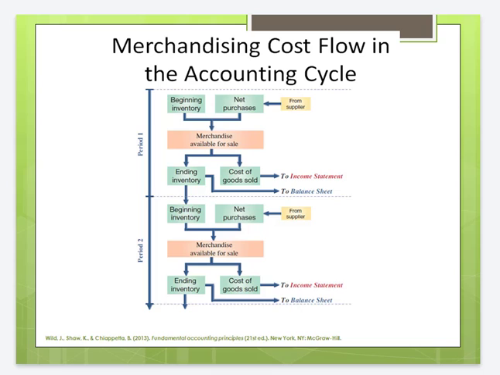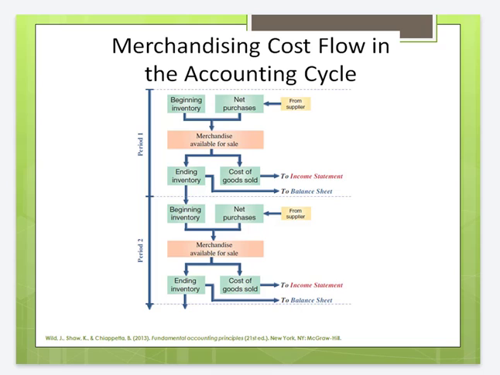Now, let's take a closer look at how this actually impacts the financial statements. What we see here is basically just an expanded version of what we saw on the previous page. Let's start with period 1, okay? We see our beginning inventory plus our net purchases gives us the merchandise available for sale.